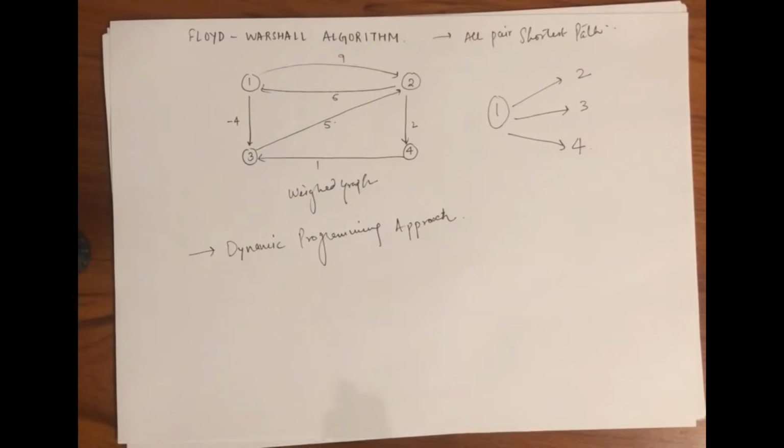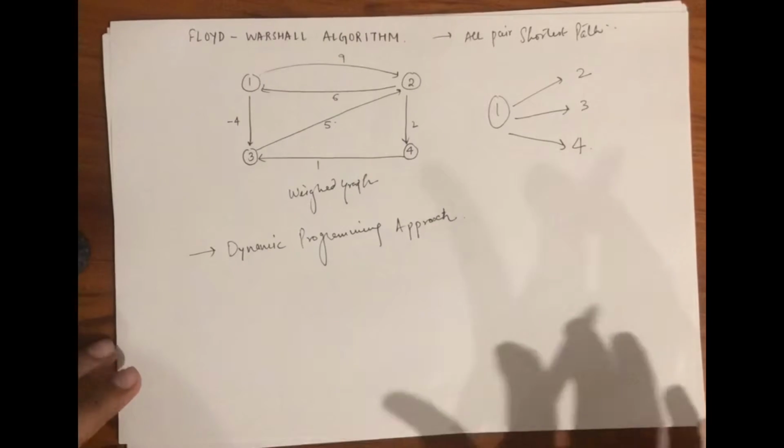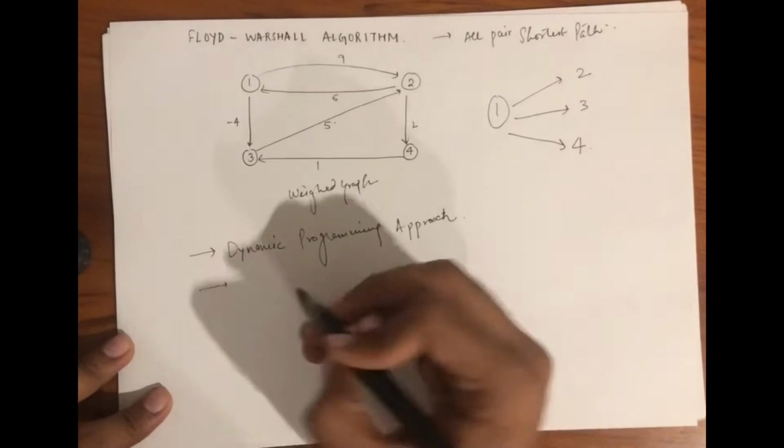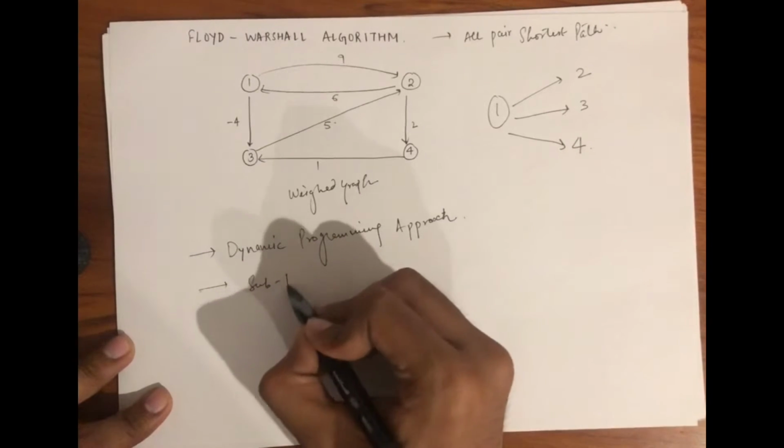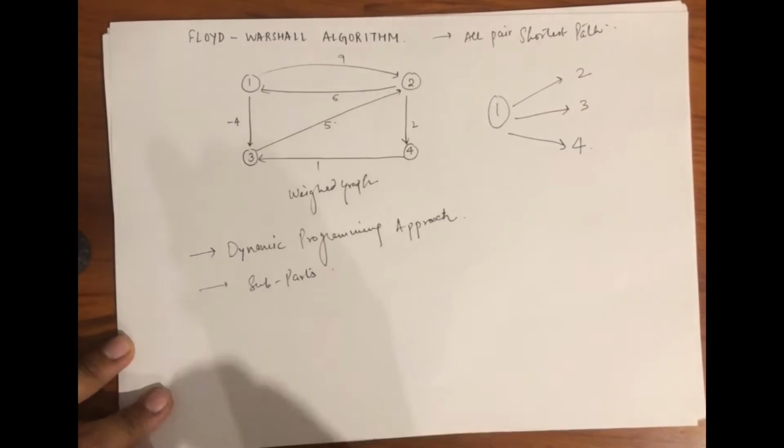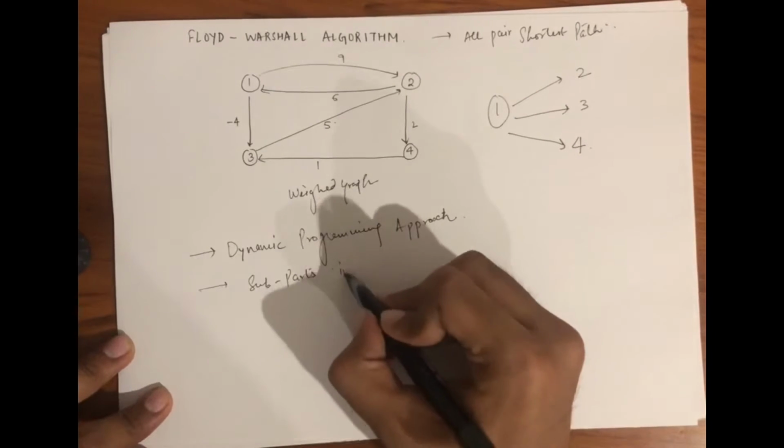So it simplifies a complicated problem by breaking it down into simple sub-problems in a recursive manner. Basically what the Floyd-Warshall algorithm does is simplify the problem into subparts in a recursive manner.